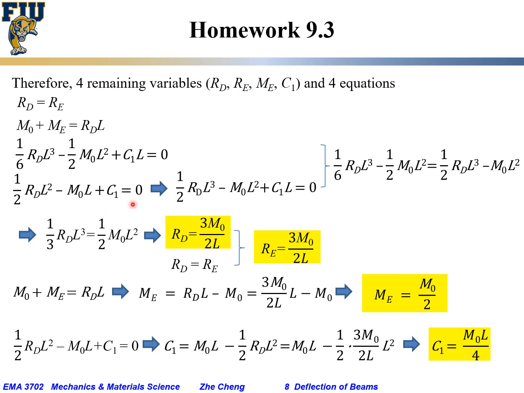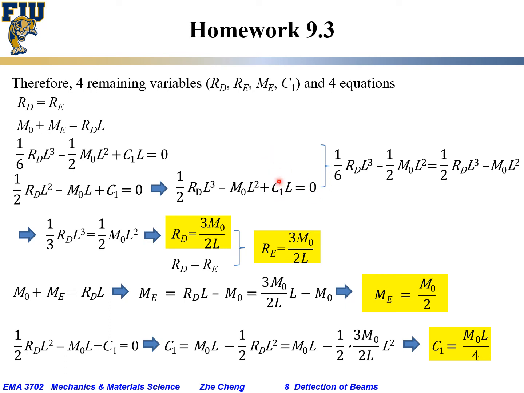And from the last one, multiplying both sides by L, we would have half of Rd L cubed minus M0 L squared plus C1 L equals 0.